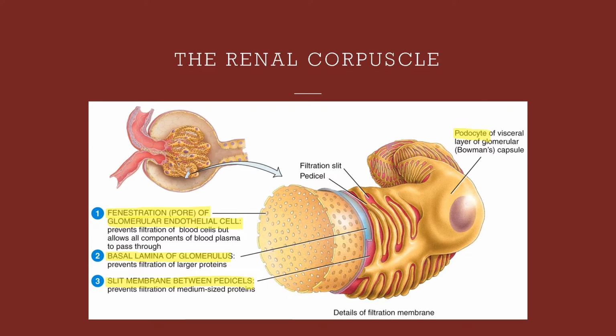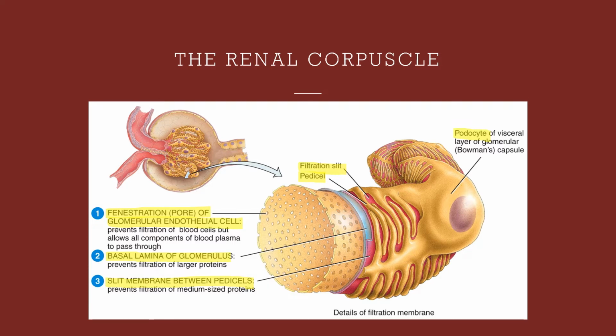Now extending from each of those podocytes are thousands of these little foot-like processes that we call pedicels, and these wrap around the glomerular capillaries. Now the spaces between pedicels are called filtration slits. And there's a very thin membrane, called the slit membrane, that extends across each filtration slit.